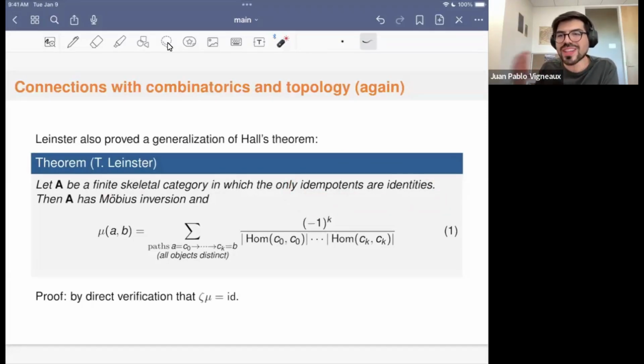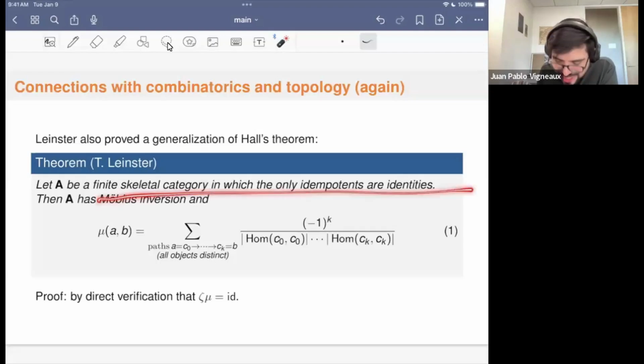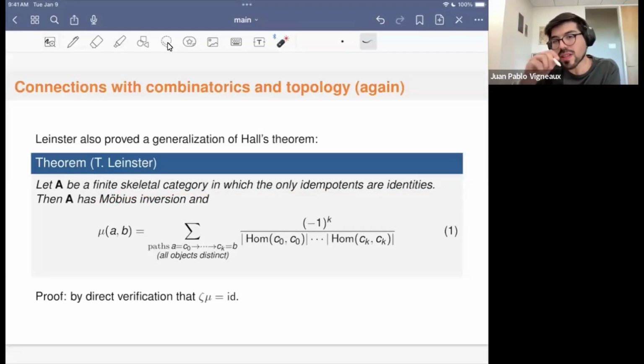The consequence of assuming all that at the same time is that every time you have a cycle in the category, so a sequence of morphisms that come back to the same object, this cycle has to be composed purely of isomorphisms, but also because the category is skeletal, the only possible cycle is just the identity. So there are no non-trivial cycles in the category.